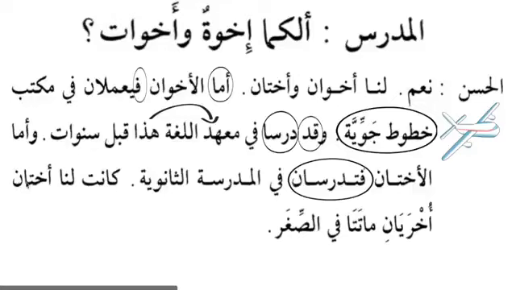So kanat lana ukhtan. So there were. So what were? So two sisters were for us before. So we had two sisters. That's how you translate. And ukhrayan. So what is ukhrayan? If you see same i'rab ending with noon, marfu, and marfu, that becomes naat. So there were two more sisters, two other sisters for us.